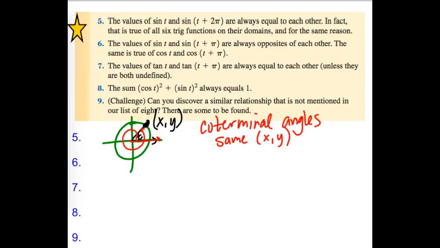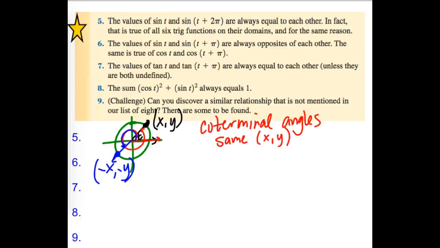So let's get a different color here. Now instead of being here at the black angle t, I would be down here. So this angle would be t plus pi. So if in quadrant 1 my coordinates are x, y, in quadrant 3 down here my coordinates would be negative x, negative y. All right, so your sine is going to be its opposite, your cosine is going to be its opposite.